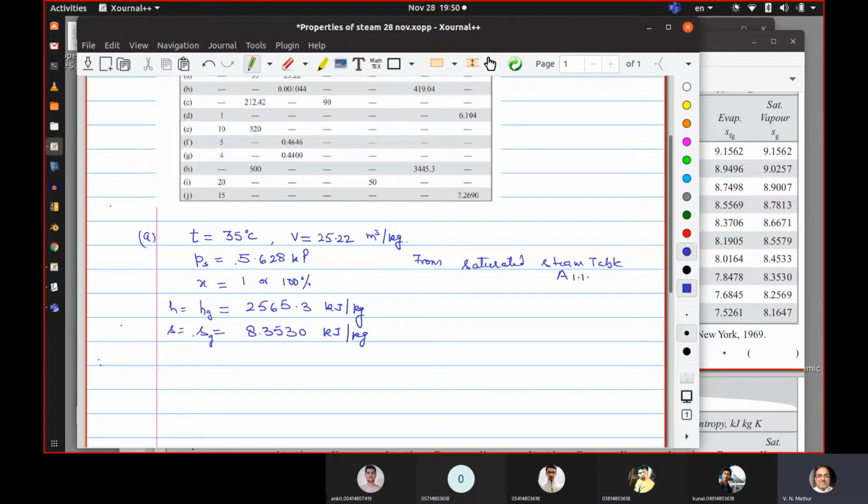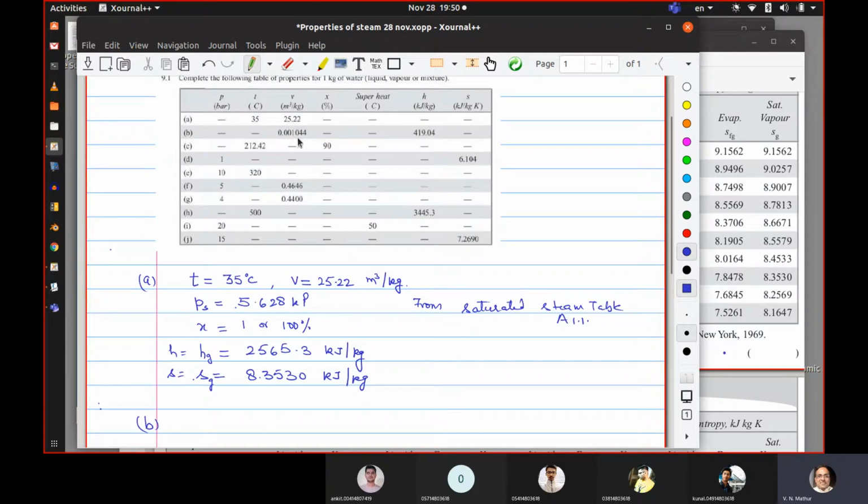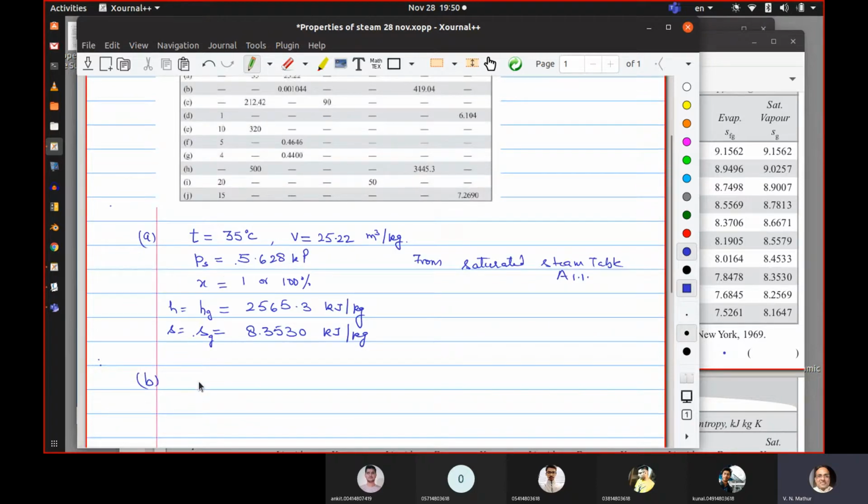Now since you have given the book, we'll make use of that. So this one was a simple question. Let's move to the part B. Part B is given value is 0.001044 volume and 419.04 enthalpy.